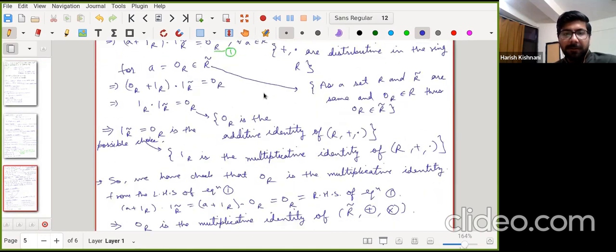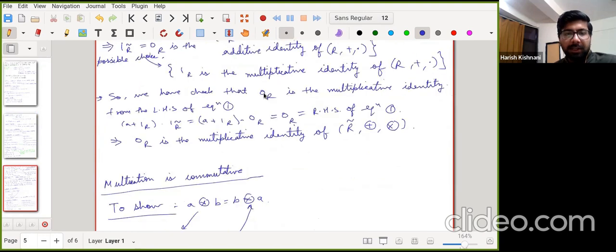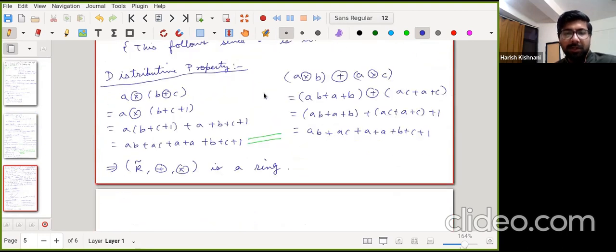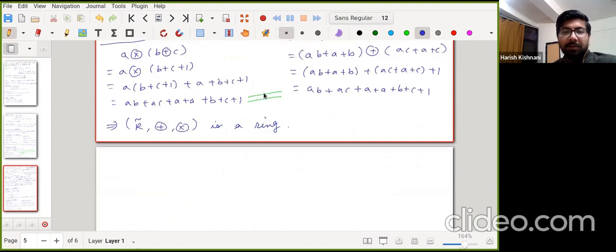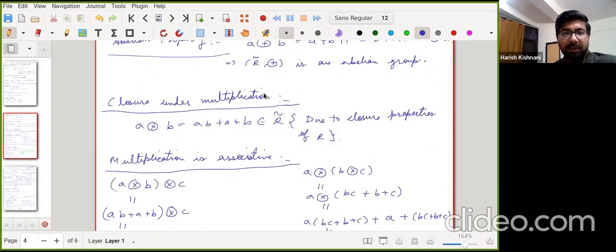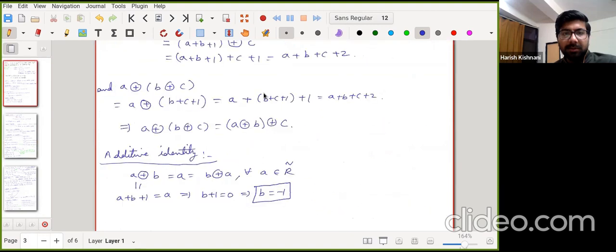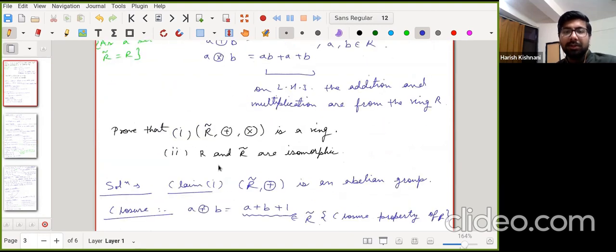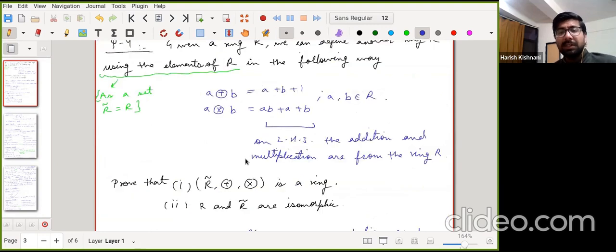I think now you are familiar with how to work with the rings. So I went through the question because the second part is still needed to be shown, that R and R tilde are isomorphic. So we changed the operations, everything got changed. The additive identity in the earlier setup becomes the multiplicative identity.